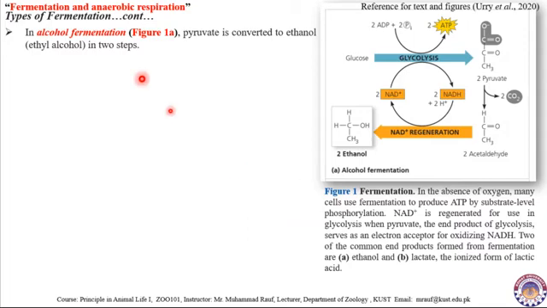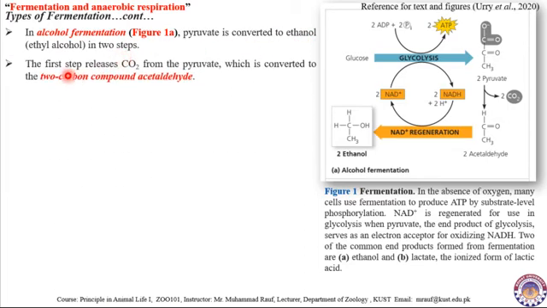Now, in alcoholic fermentation, pyruvate is converted to ethanol in two steps. The first step releases carbon dioxide from pyruvate. So remember, pyruvate is a 3-carbon molecule. When one of the carbons is liberated as carbon dioxide, then the molecule is left with only 2 carbons and it becomes acetaldehyde.